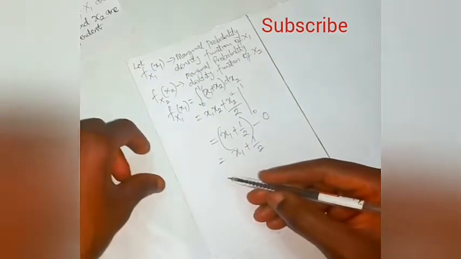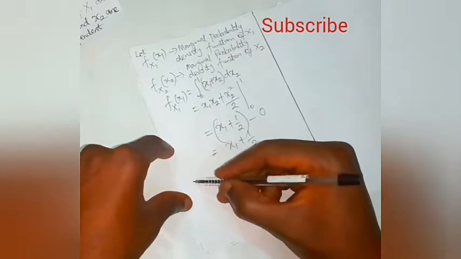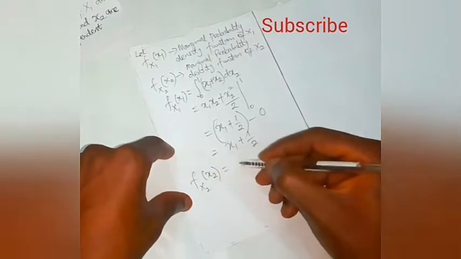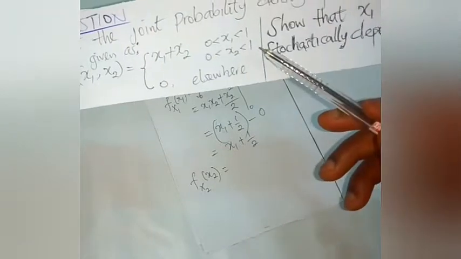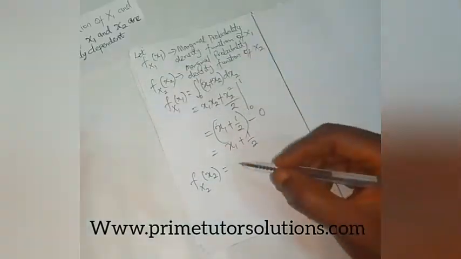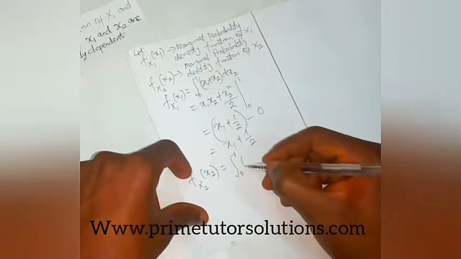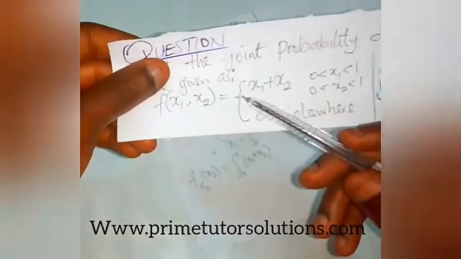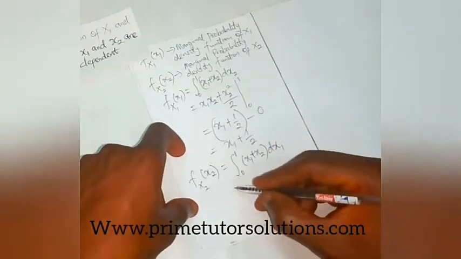Now let's get the marginal probability density function of x2. We have f of x2, the function of x2, equal to the integral from 0 to 1 of x1 plus x2, the function given in the question, with respect to x1, since the limit of x1 also ranges from 0 to 1.